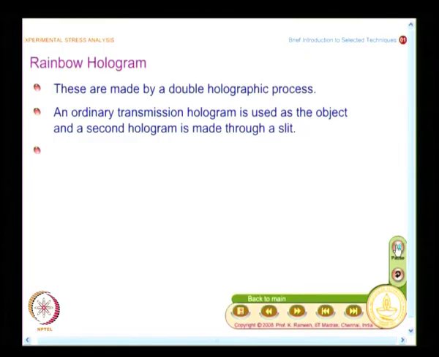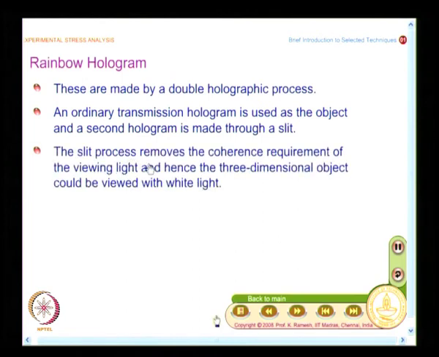That is the purpose behind it. So, the slit process removes the coherence requirement of the viewing light, and hence the 3-dimensional object could be viewed with white light. So, that is the advantage.